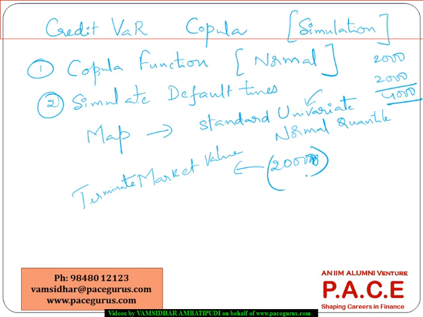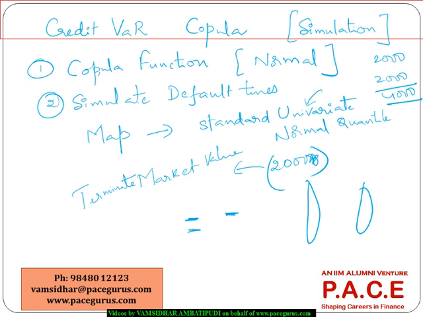For each of these asset classes, I'll try to get the terminal market values, and after that I'm simply adding up. From there I can get the terminal value associated with the first asset and the loss incurred with it, and the terminal value of the second and the loss incurred with it.